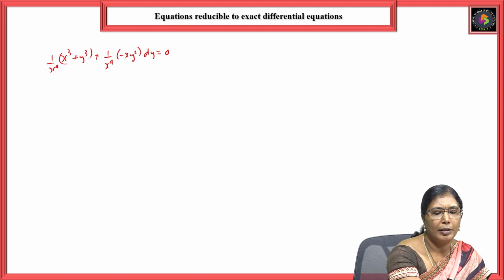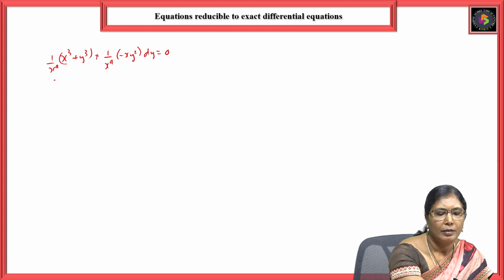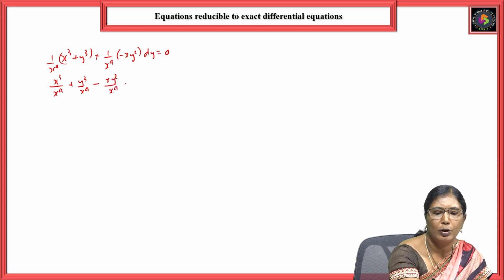So multiply within: x cube by x to power of 4 plus y cube by x to power of 4 dx minus x y square by x to power of 4 dy is equal to 0.